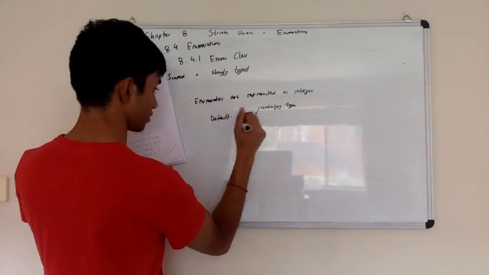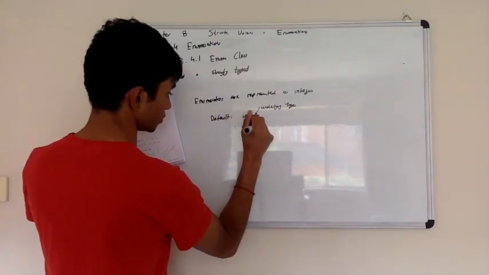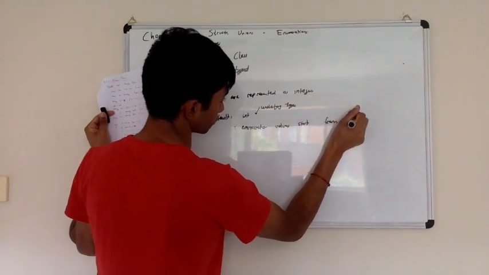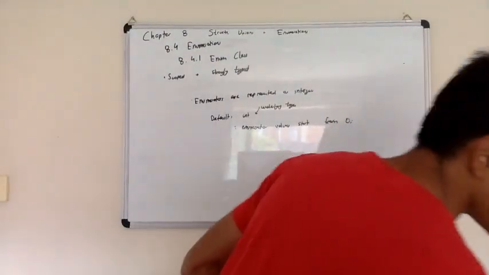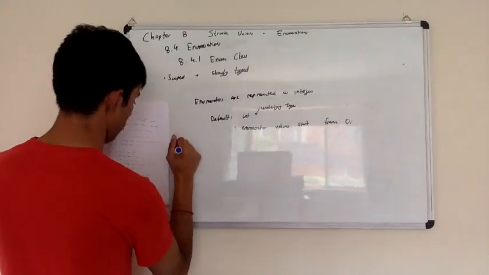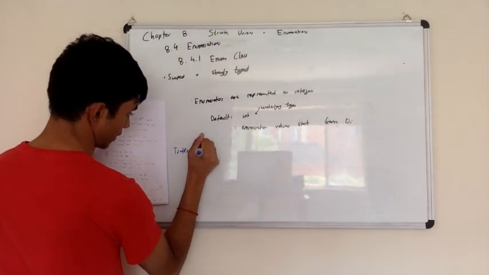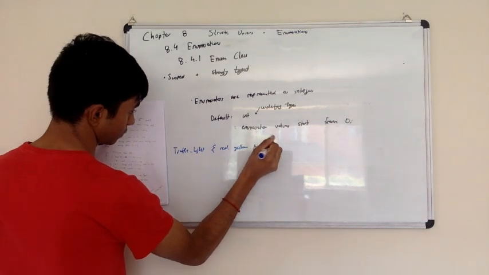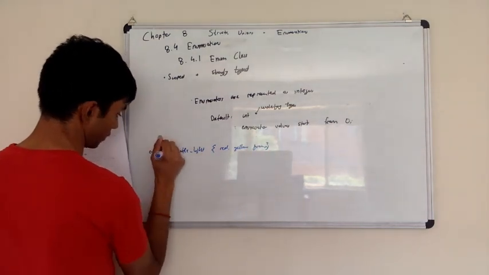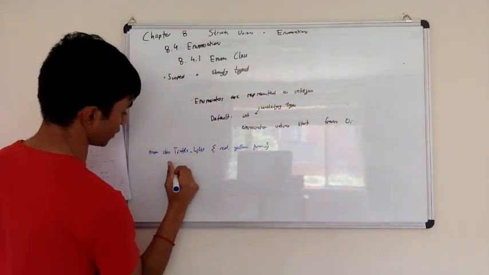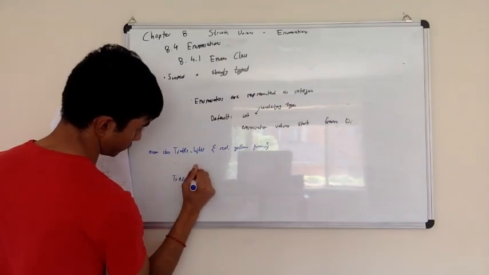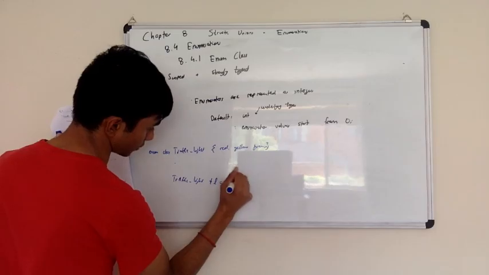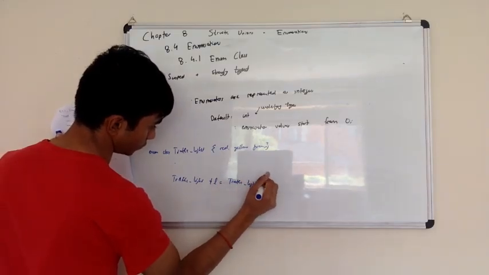And by default, the enumerator values start from 0. So just to clarify, if I have my traffic light, and I have red, yellow, green again, this is an enum class, and then in my main function I say something like traffic light TL equals traffic light dot red, right?